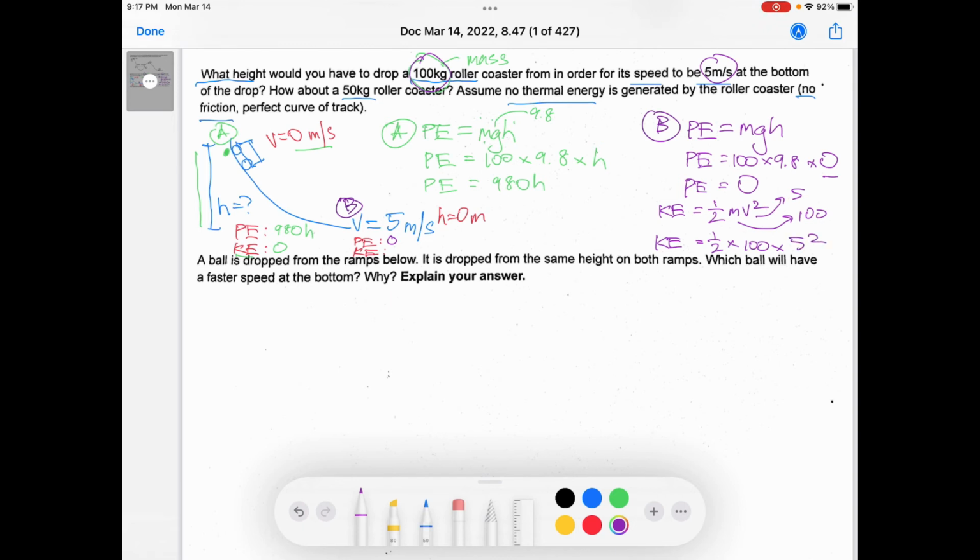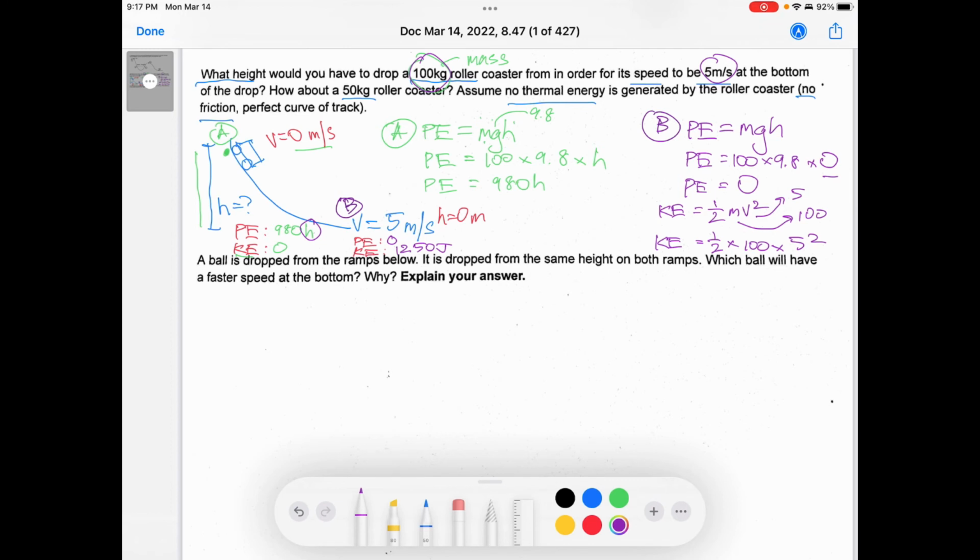If you do that calculation, you get 1,250. So the kinetic energy of the cart at point B is 1,250 joules.